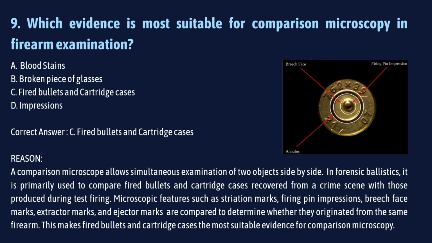Microscopic features such as striation marks, firing pin impressions, breech face marks, extractor marks, and ejector marks are compared to determine whether they originated from the same firearm. Thus, fired bullets and cartridge cases are the most suitable evidence for comparison microscopy.